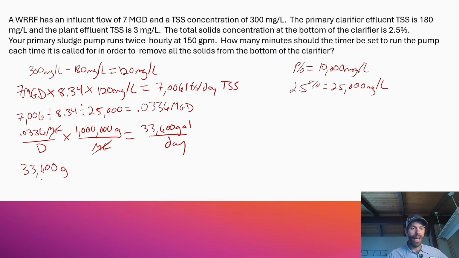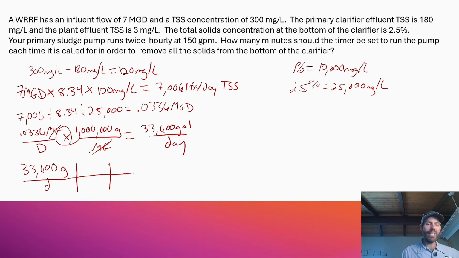Now I've got 33,600 gallons per day. To keep things simple for those that do the railroads instead of the multiplication like I like to do, I like to use this X. You don't have to do that. In essence, you're just multiplying across the top, dividing across the bottom, right? So let's convert these units. I've got 150 gallons per minute, and I've got 24 hours in a day.